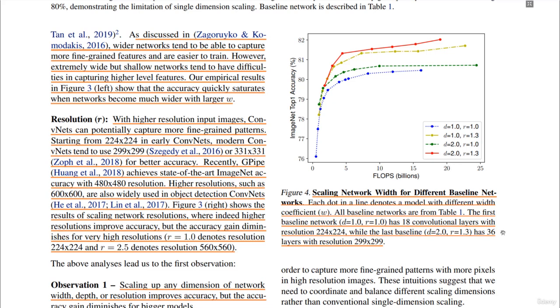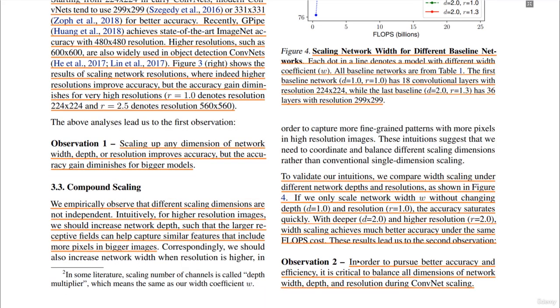So we have 36 layers, and then when R equals 1.3, we multiply this by 1.3, hence giving us 299 by 299 resolution. So the second observation is that in order to pursue better accuracy and efficiency, it is critical to balance all dimensions of network, that's the width, the depth, and resolution during ConvNet scaling.